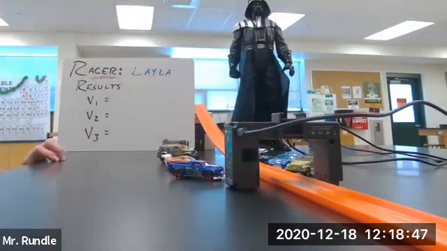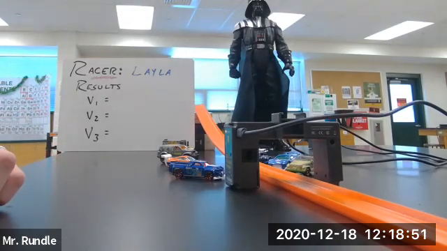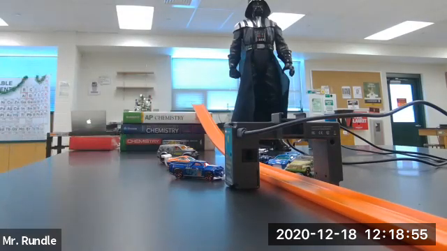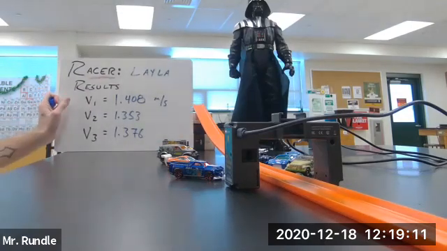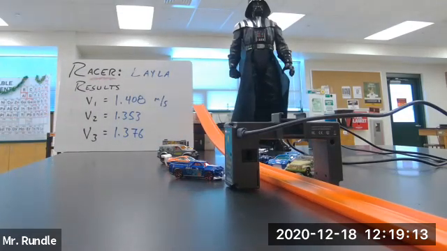And I get 1.376, okay, for Layla's 3rd velocity. So 1.408, 1.353, and 1.376. Okay. So there are Layla's numbers right there.